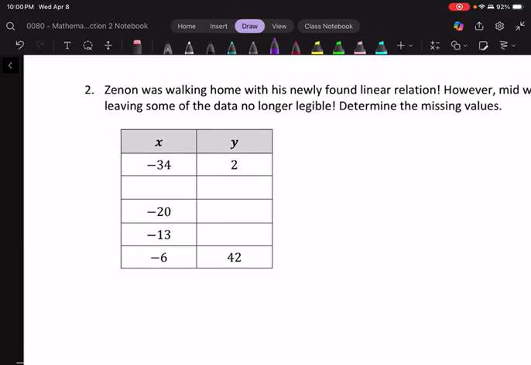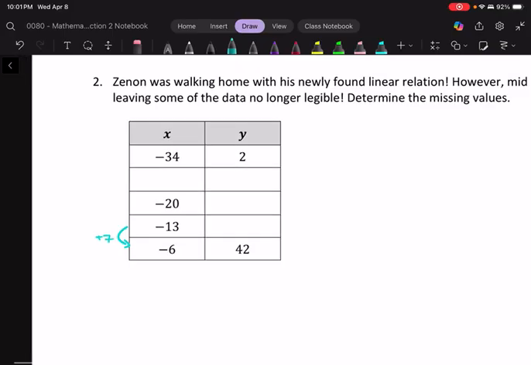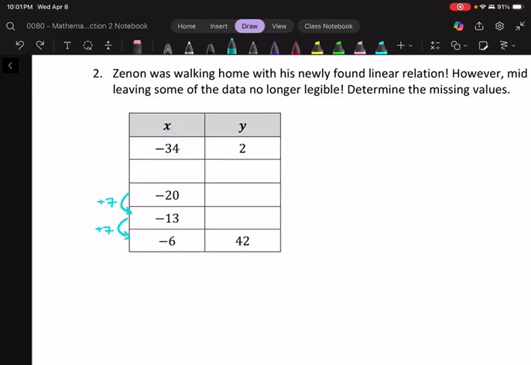Now, worth noting is to get from negative 13 to negative 6, we have to add 7. And to get from negative 20 to negative 13, we also have to add 7. Since negative 34 and negative 20 are 14 apart, that must have also come from a couple of additions of 7.